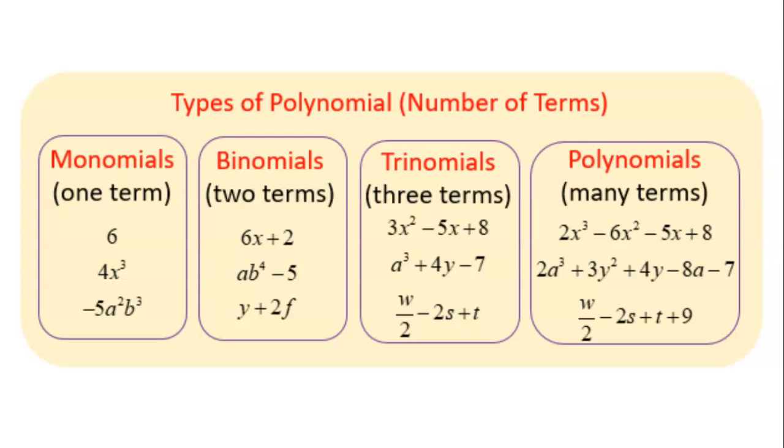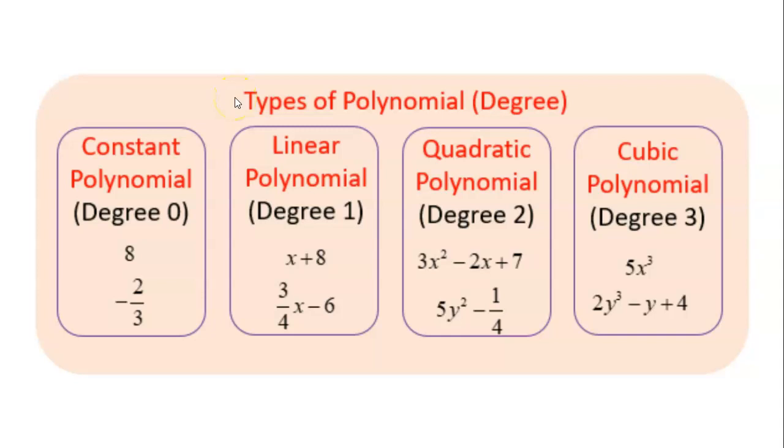And the degree of the polynomial function is based on the variable term. If we have a constant polynomial function with just a numeric value, then the degree is 0 because there is no variable term in the expression. In a linear polynomial function, we have a degree 1 because there is only one variable term and its exponent is 1, an imaginary 1 that we can't see.